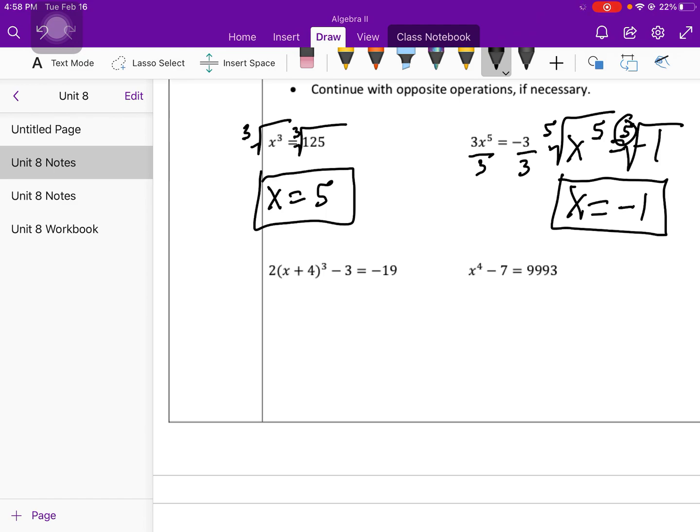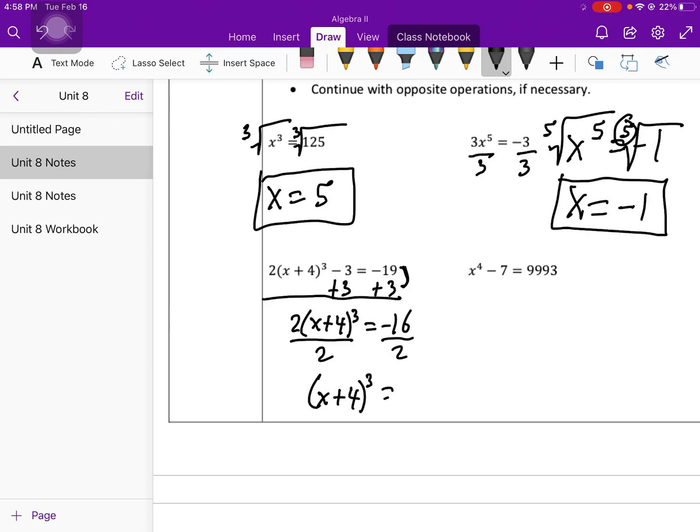Continuing on here. First step with this one would be to add 3. We get 2 times (x plus 4) cubed equals -16. Be careful when you add those two. And we divide by 2, because we're trying to get this parenthesis by itself, so (x plus 4) cubed equals -8. And then to undo a cube, we have to take the cubed root.